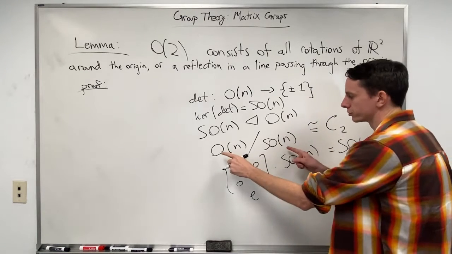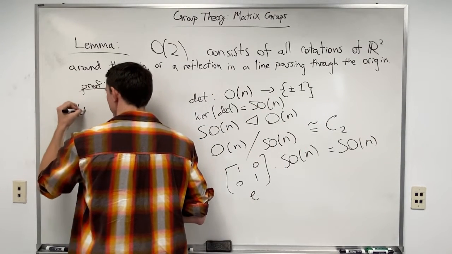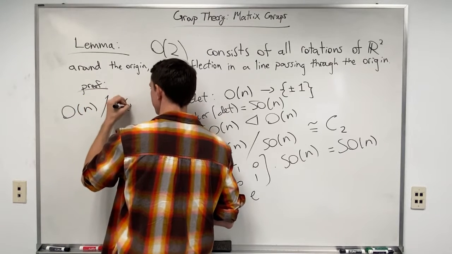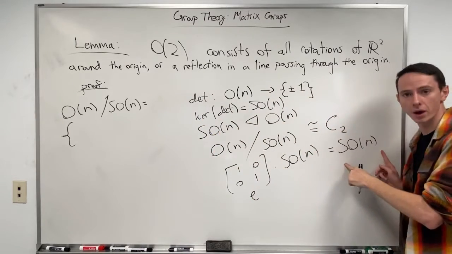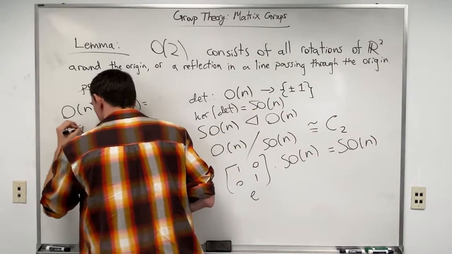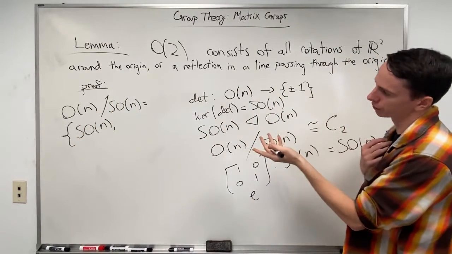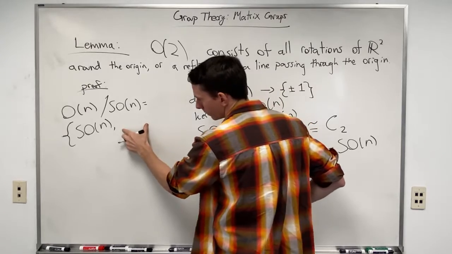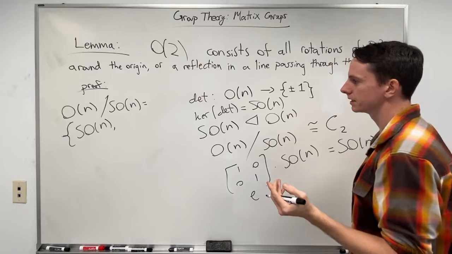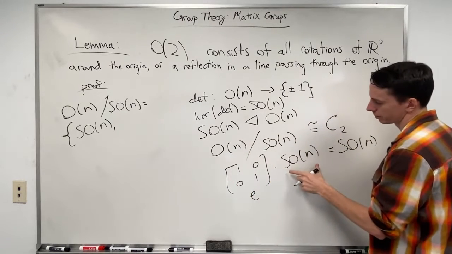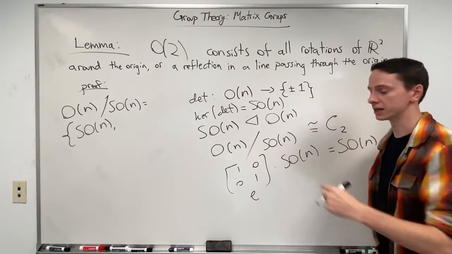If we were to write out the two elements in ON over SON, one of those elements is just going to be SON by itself. There needs to be some other left coset in this quotient group, and the way that we can obtain that is by coming up with a matrix that is in ON but is not in SON.